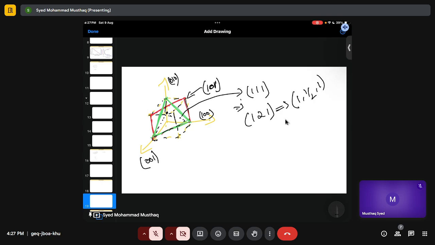If I'm trying to cut the cube from top view, it will look like this. Actually, I should see it from the side. So from the side it will look like this.